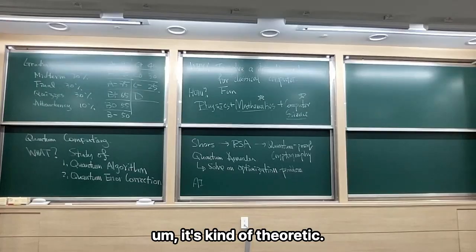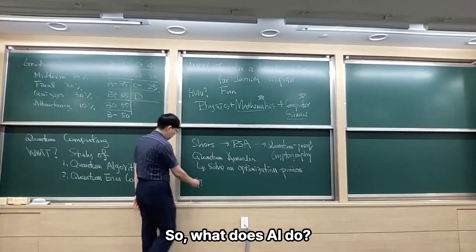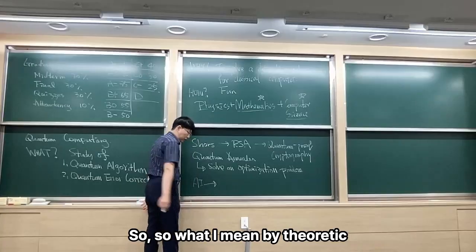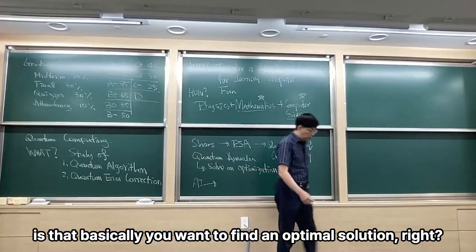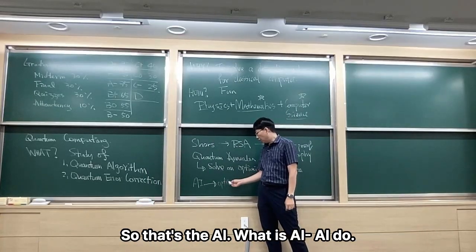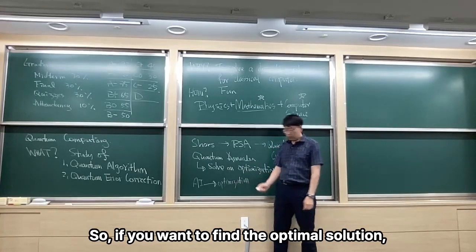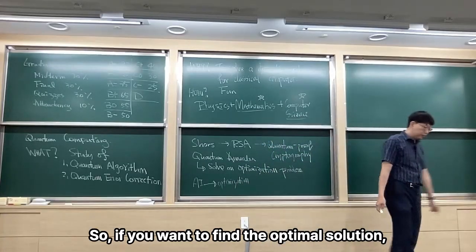And my understanding is that the people trying to apply quantum computing in AI are being kind of theoretical. What does AI do? Basically it's optimization: you want to find an optimal solution.